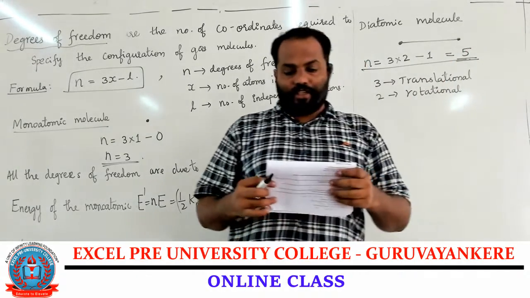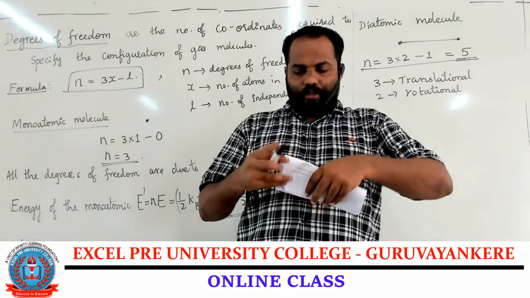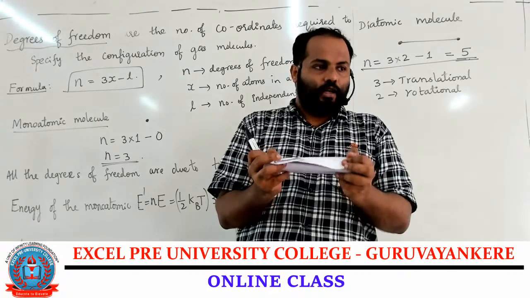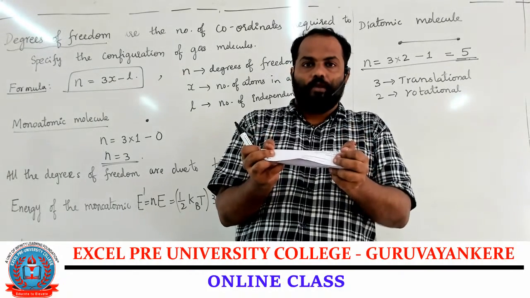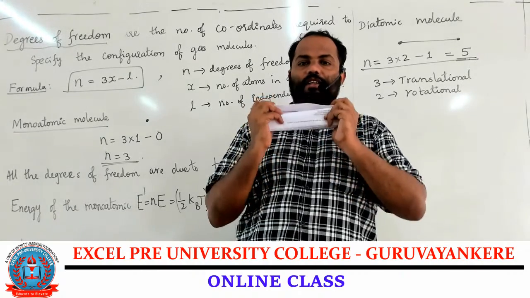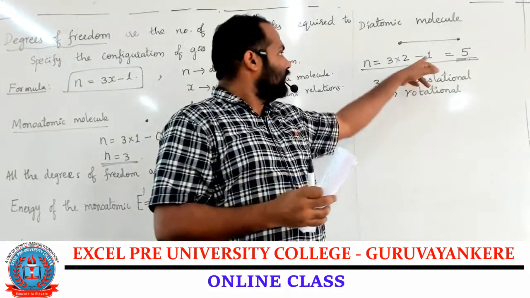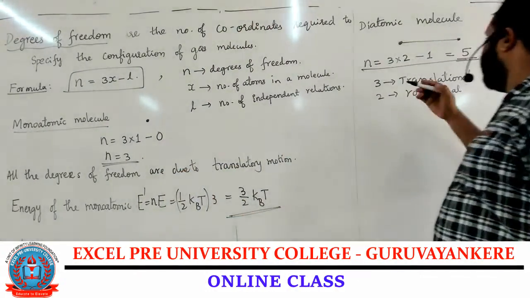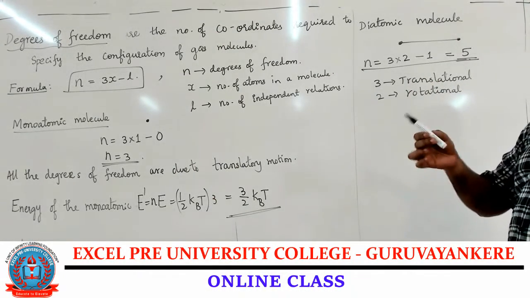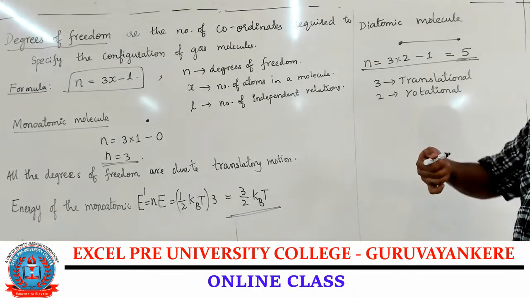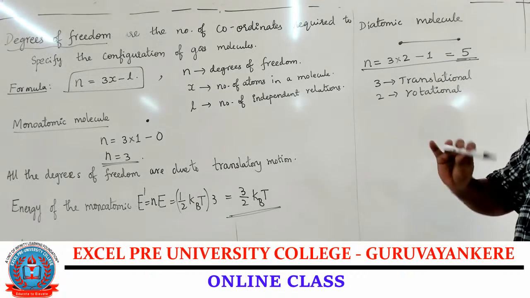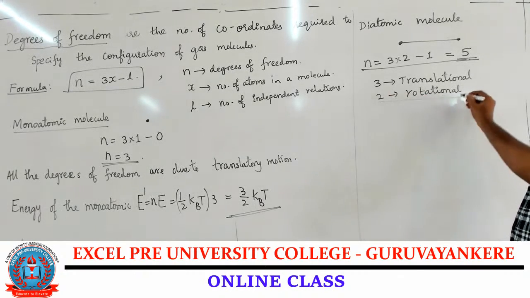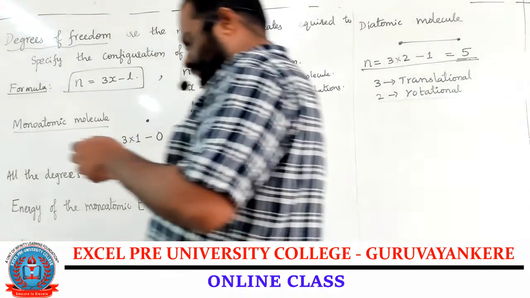Also, if I think of one end of the paper as one atom and another end as another atom, it can rotate, but they have that connection, an independent relation. That is why they can rotate in the x-z plane, or in the y-z plane, or in the x-y plane. So there are 2 rotational degrees of freedom.